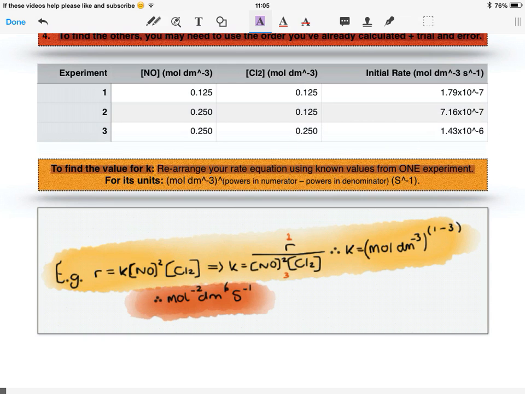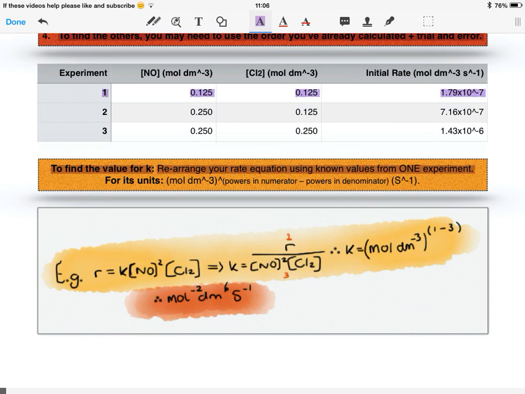So say for instance you used experiment 1, you would just rearrange your rate equation, which is K equals rate divided by your reactants, and you would end up with your values basically, because it will just be 1.79 times 10 to the minus 7 divided by 0.125 squared times by 0.125.